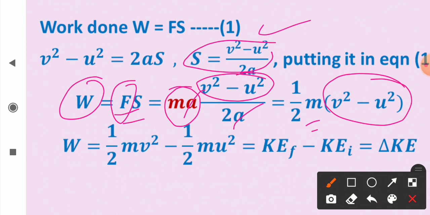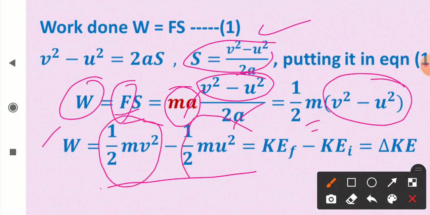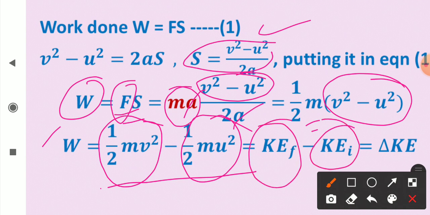Okay? And now left side is work done, open the bracket, right side becomes half mv square minus half mu square. Now this is final kinetic energy, this is initial kinetic energy. So this is equal to kinetic energy final minus kinetic energy initial, or change in kinetic energy.